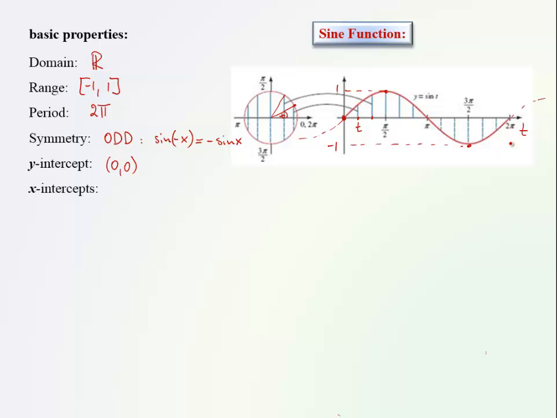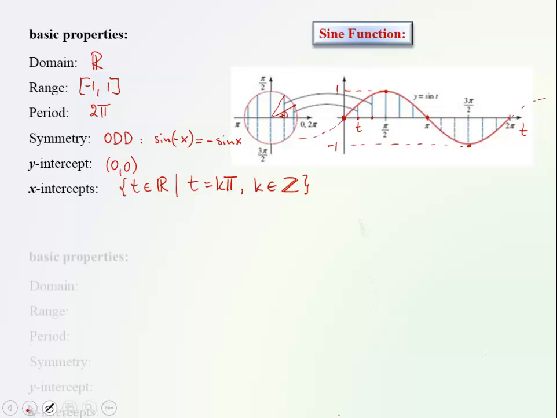Well, that doesn't matter if you call it t or x or theta, but in terms of t, that will be all real numbers t such that our number is of the type 0, pi, 2 pi, 3 pi, so any multiple of pi, k times pi, where k is an integer, double-struck Z. So those are all zeros or x-intercepts of the function.